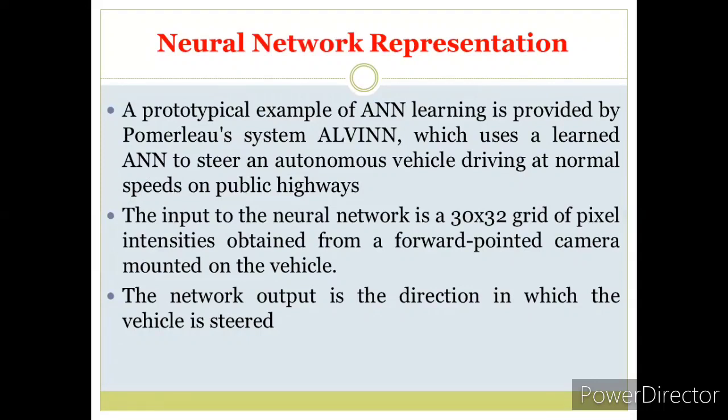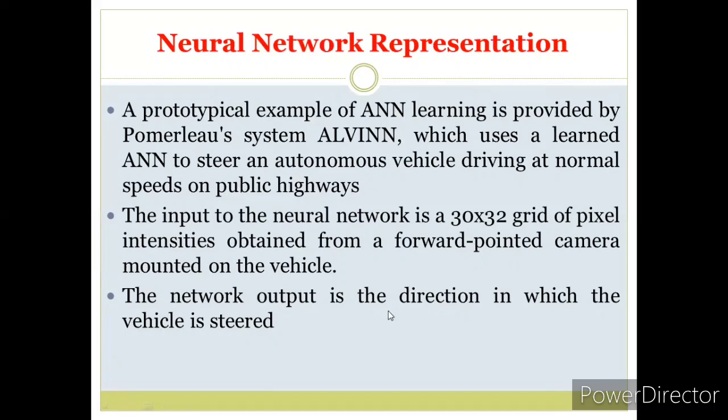Here the input is an image of a 30 by 32 grid of pixels. As we know, images are represented in terms of pixels with the help of a sensor called a camera. So the input to the neural network is the 30 by 32 grid of pixel intensities obtained from a forward-pointed camera mounted on the vehicle.